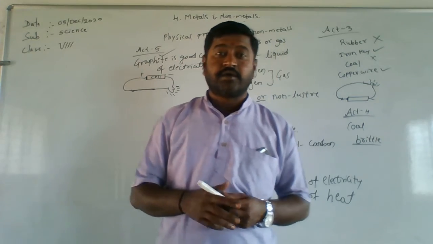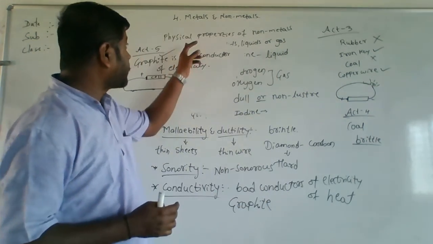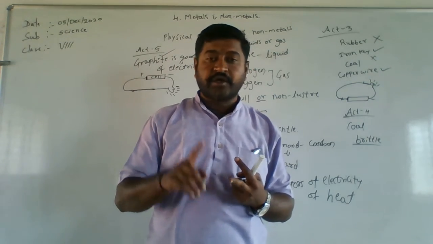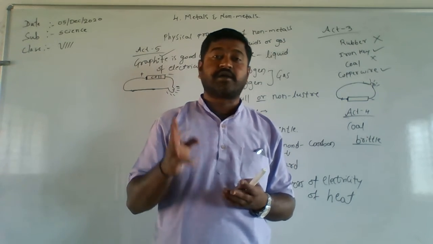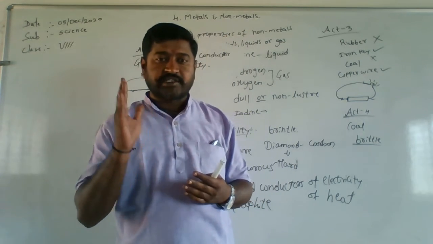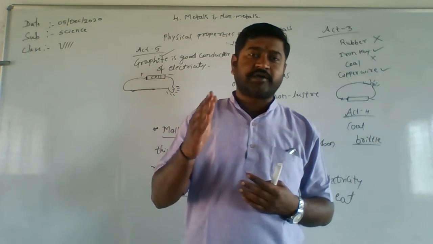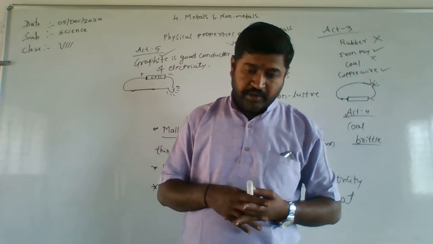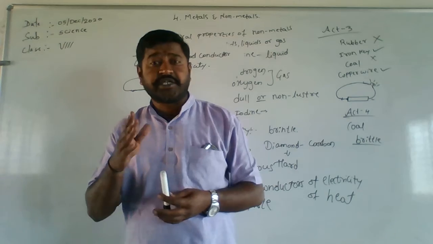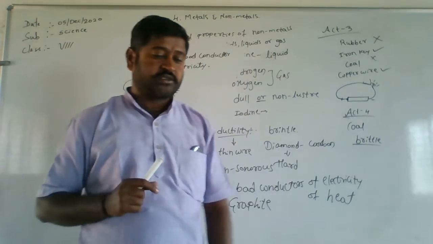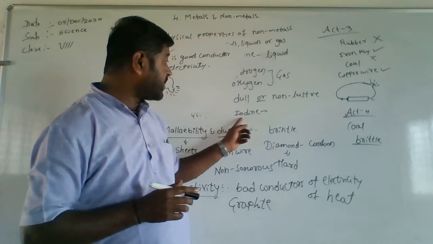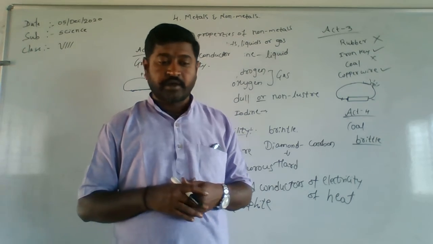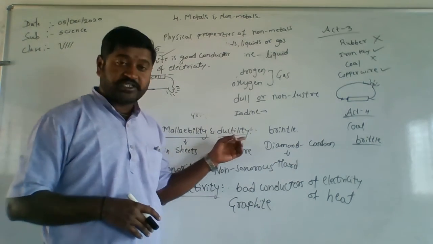All right, so what we have seen, we have seen the physical properties of non-metals like physical state: solid, liquid, gas. Non-metals are available in all three states, with examples: sulfur solid, oxygen gas, bromine liquid. Then appearance: non-metals are generally dull or non-lustrous, but graphite and iodine are exceptions because they have some lustre. And then we saw malleability and ductility.